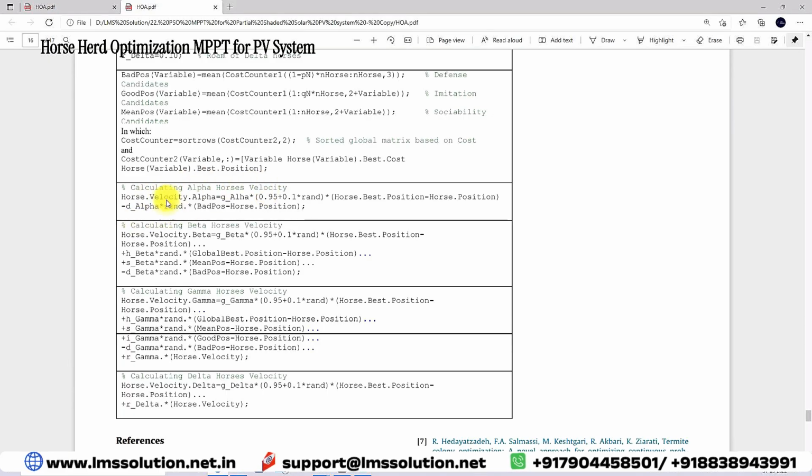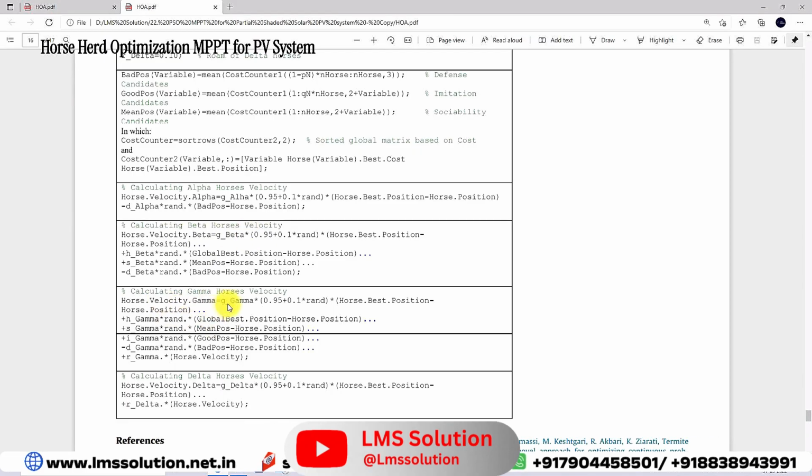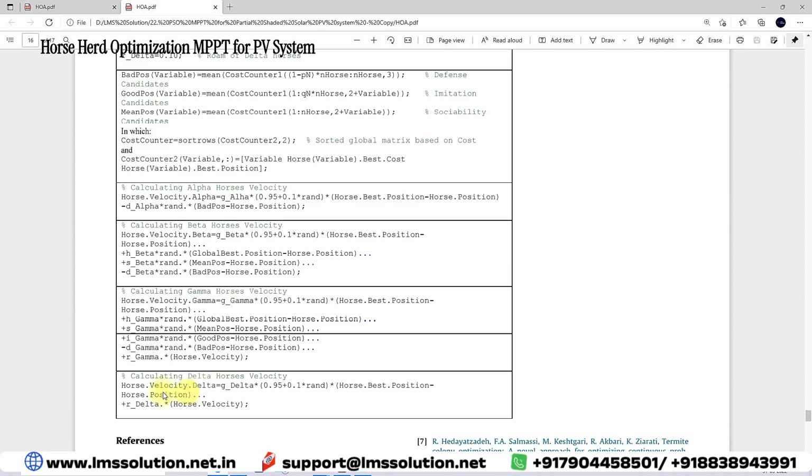This equation is used for updating the velocity of the alpha horse. Here, this equation is used for updating the beta velocity. This equation is used for updating the velocity of the gamma horse, and then this equation is used for updating the delta horse. The same equations are used for applying the MPPT algorithm to the solar PV system.